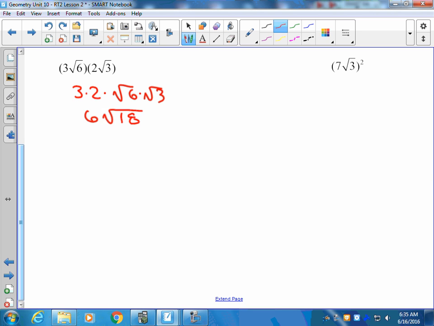We don't want to stop here because there is a perfect square that can be pulled out of 18. So even though we multiplied them together, now we're going to pull them apart based on a radical value that's a perfect square. So we can go through and finish completely in simplified form.